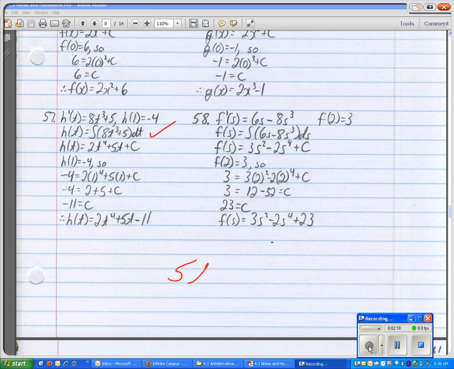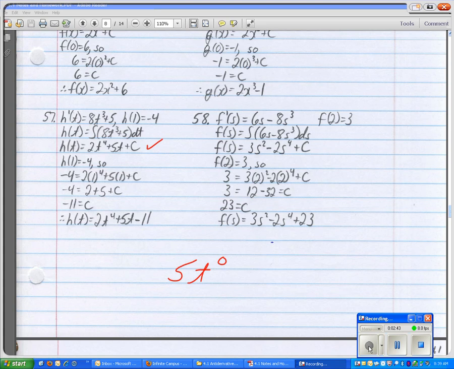You could think of that as 5t to the 0, because t to the 0 is 1. 5 times 1 is 5. Add 1 to the exponent. Now it's a 1. Divide your coefficient by that new exponent. 5 divided by 1 is 5. Plus c. That gets us here. That is the general solution of the differential equation.